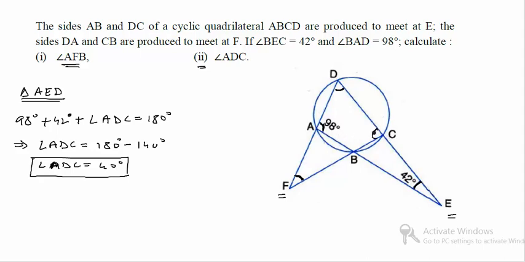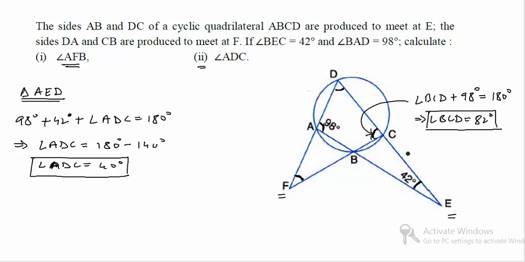Which means that I can now comment on the value of angle BCD, right? This angle BCD plus 98 degrees should be equal to what? Should be equal to 180 degrees, which means that angle BCD should be equal to 82 degrees.